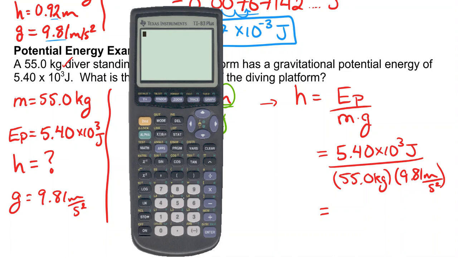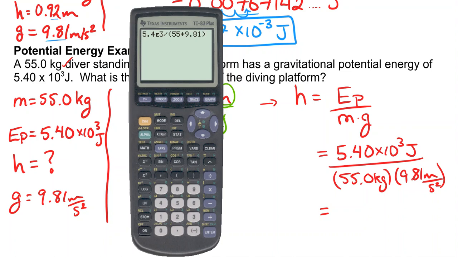All right. So we've got to take 5.4. Remember, it's scientific notation, so we use the EE key, to the power of 3. Divided by bracket, since we're doing two things on the bottom: 55 kilograms times 9.81, bracket.